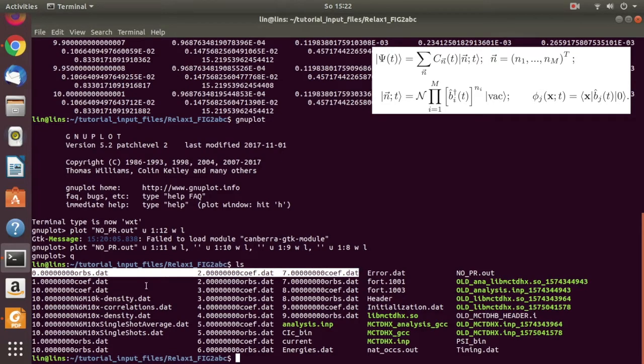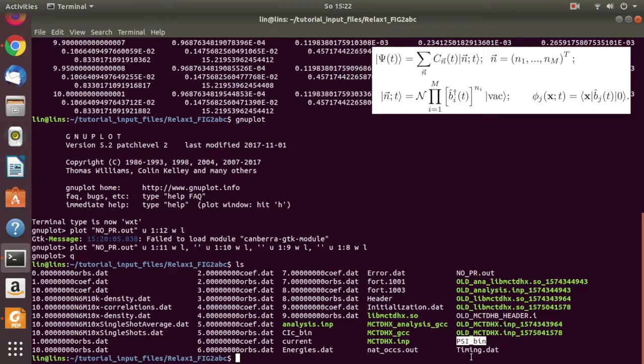These ASCII files are only for humans, and for the computers, it uses these binary files, CIC bin, headers, and psi bin files to read and store the coefficients and orbitals of the many-body wave functions.